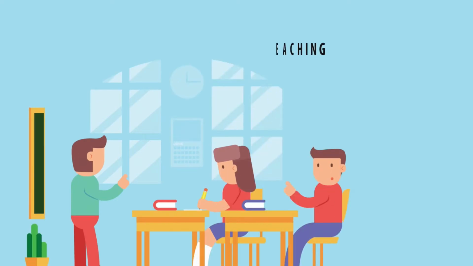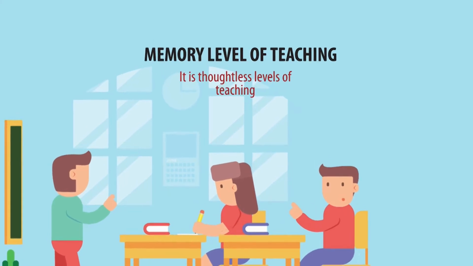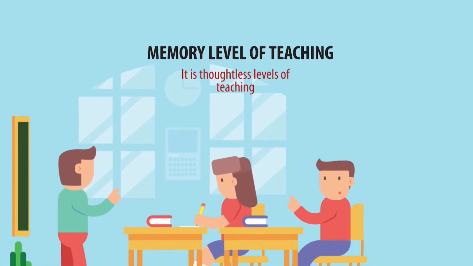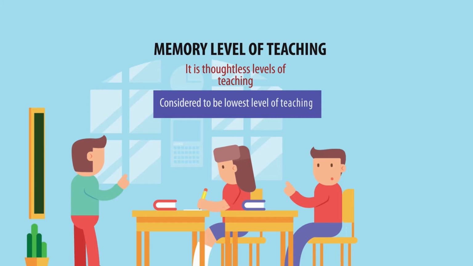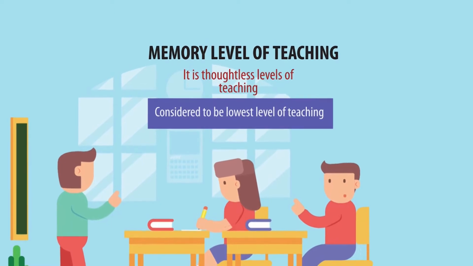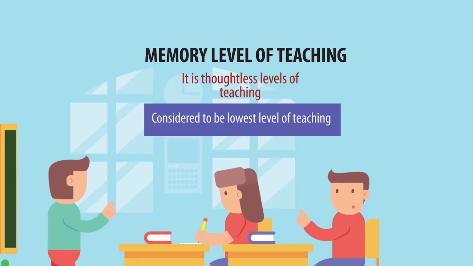As far as memory level of teaching is concerned, it is the first and thoughtless level of teaching. It is concerned with memory or mental ability that exists in all living beings. Teaching at memory level is considered to be the lowest level of teaching. At this level, the thinking ability does not play any role. Students only cram the facts, information, formulas and laws that are taught to them.